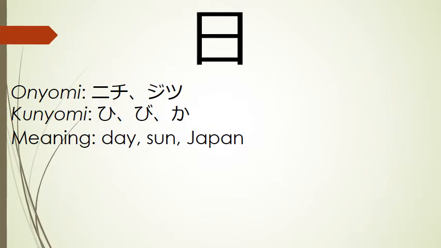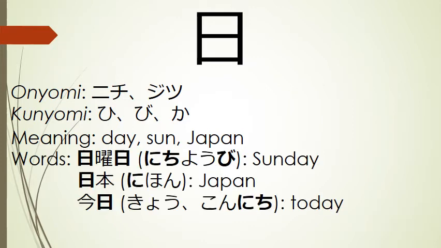Our second kanji can mean day, sun, or the country of Japan. Its onyomi include nichi and jitsu. Its kunyomi include hi, bi, and ka. And words that use this kanji include nichiyobi, Sunday, nihon, Japan, and kyo, or konnichi, which means today.